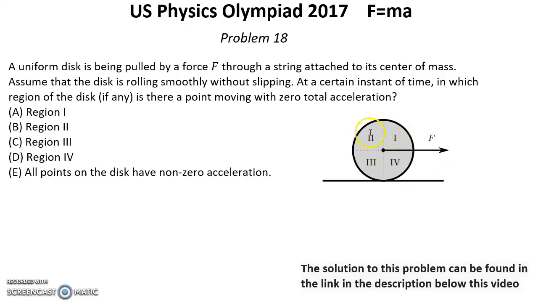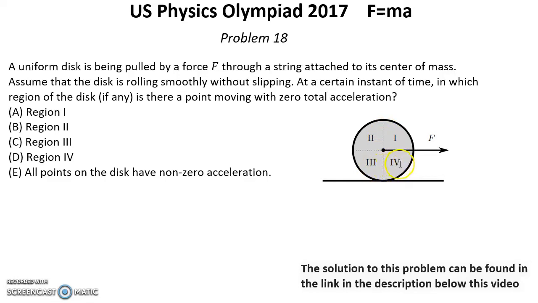In region 2, we have tangential acceleration going right and up, and the centripetal acceleration going right and down. So all accelerations are going right, so it cannot be zero. In region 3, we have tangential acceleration going up and left, and the centripetal acceleration going up and right. So it means that the total acceleration is going up, and it cannot be zero.